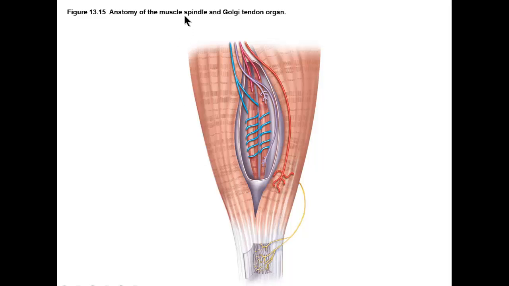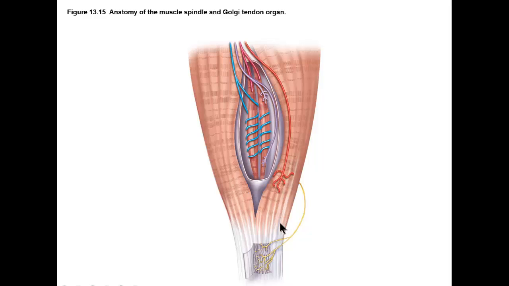What the muscle spindle controls, it's buried in the belly of the muscle, or deep in the muscle I should say. The muscle spindle controls and monitors the length of the muscle. So if it's stretched or contracted. So it controls the length of the muscle.